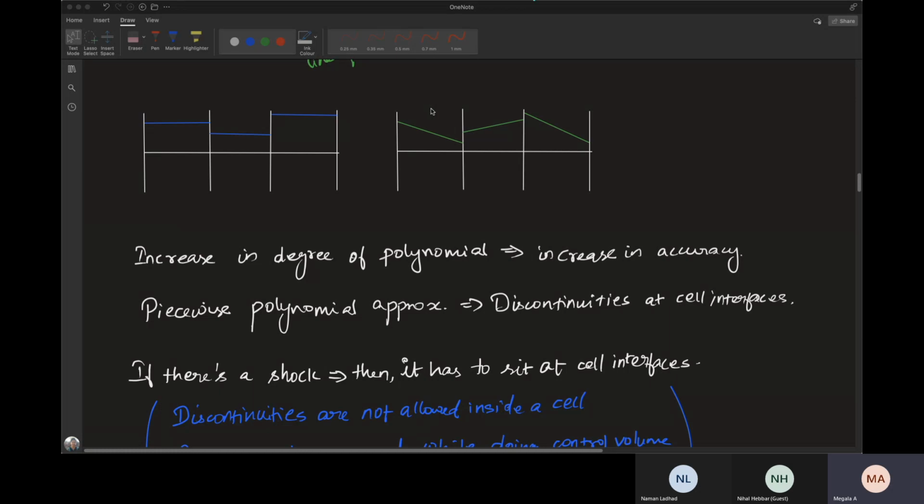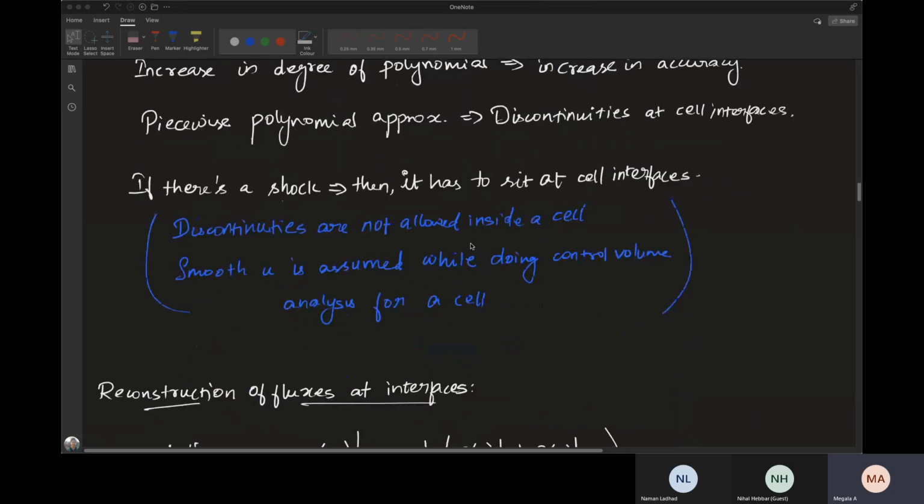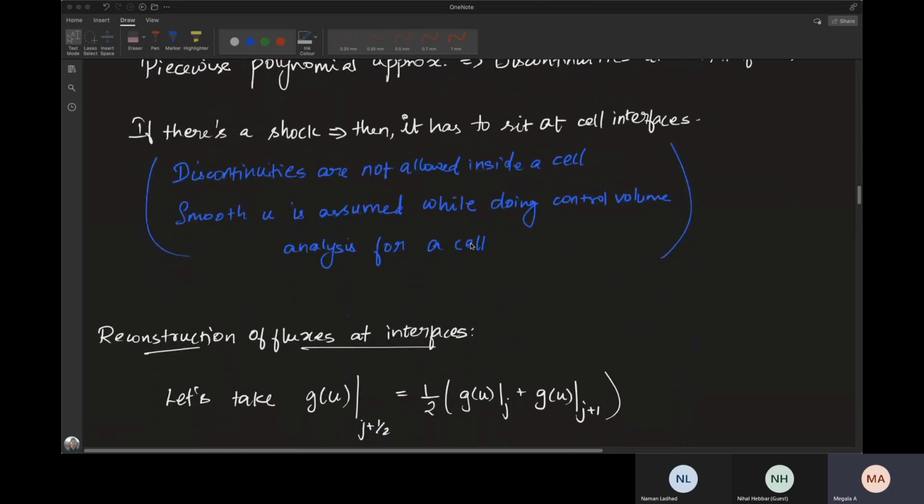So you cannot allow for discontinuities inside the cell. So in any physical problem, if you have discontinuities somewhere over here, that will essentially go to the cell interface only. So your discontinuities are always assumed to sit at the cell interfaces. So this is one thing that you need to keep in mind.